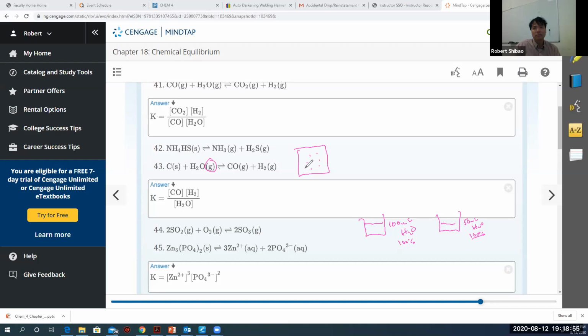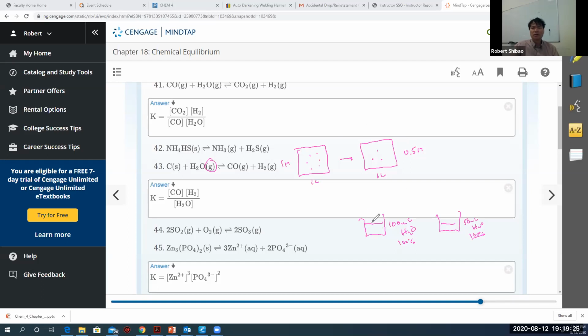Let's say this is a 1 liter box, and this is 1 mole per liter, so 1 molar. Then if we consume half of it, we still have the 1 liter box, but we have half as many molecules. So if we started off with 1 molar H2O gas and we eat up half of it, we're going from 1 molar to 0.5 molar.